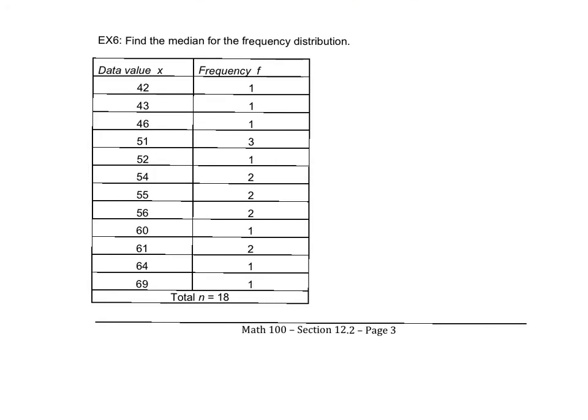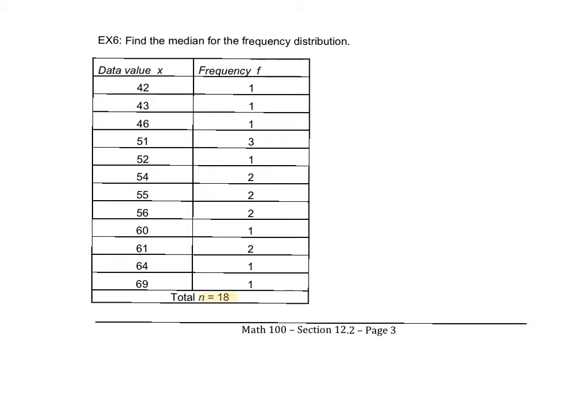Well, what if everything's organized in a frequency distribution? Remember, we want to find the middle. Once it's arranged in a frequency distribution, remember the data values should be arranged from small to large, so everything is arranged from smallest to largest. In this particular example, I noticed that the total number of data items I have is 18.